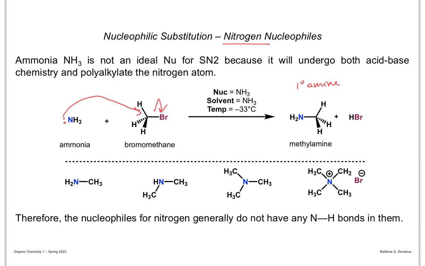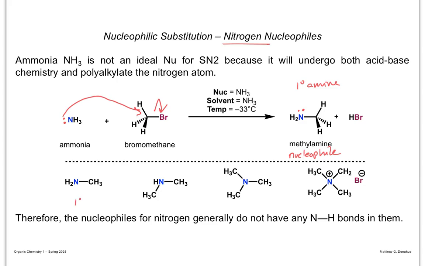This would be a terrible way to make it, and the reason is because notice the product that you're producing. It's still an amine, it has a lone pair. So even though you're forming this as a product, it can still behave as a nucleophile. And it will. So it'll undergo a second alkylation or substitution.